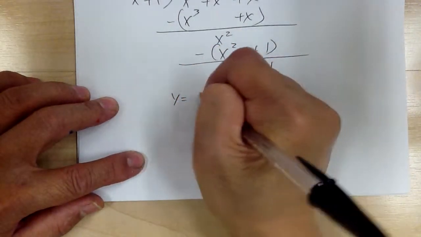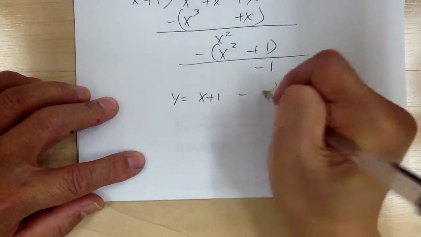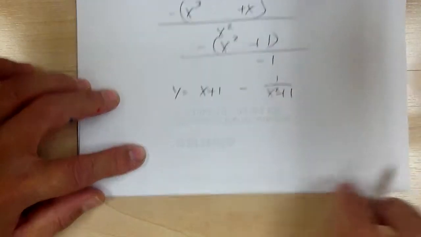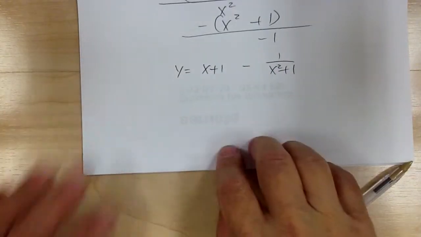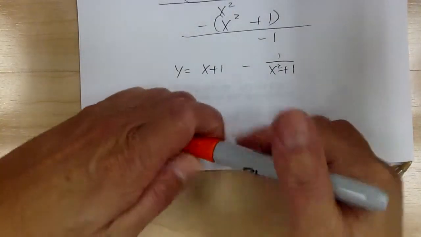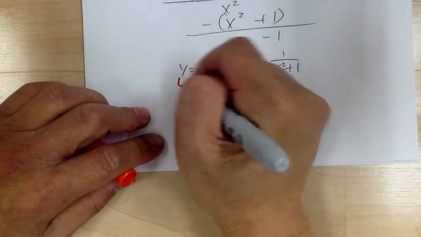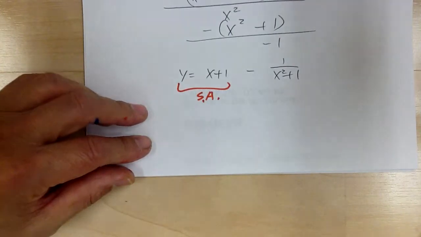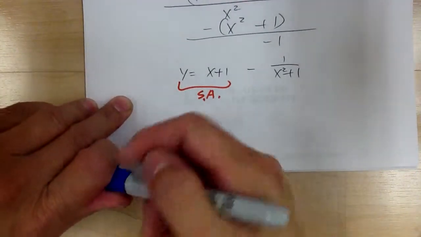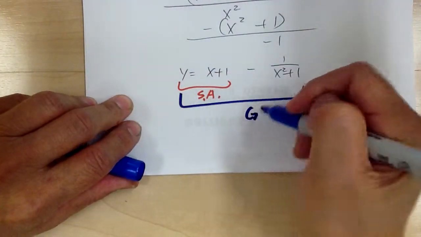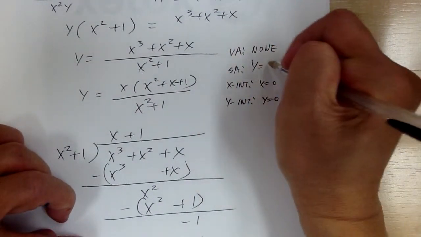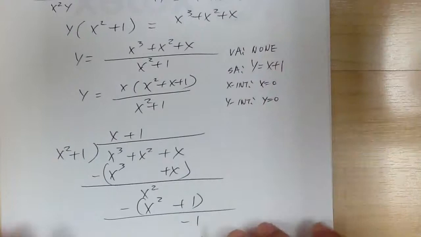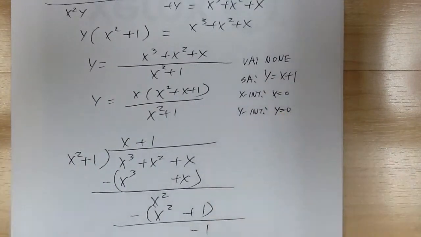So you got y equal to x plus 1 minus 1 over x squared plus 1. Okay, so here is your slant asymptote. And this is your graph. Okay, so slant asymptote is y equal to x plus 1. Okay, so we got all the information. Now let's go and graph.